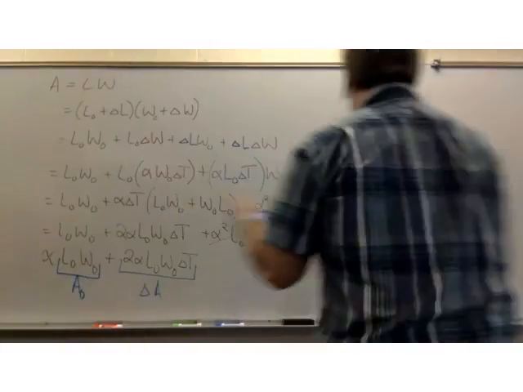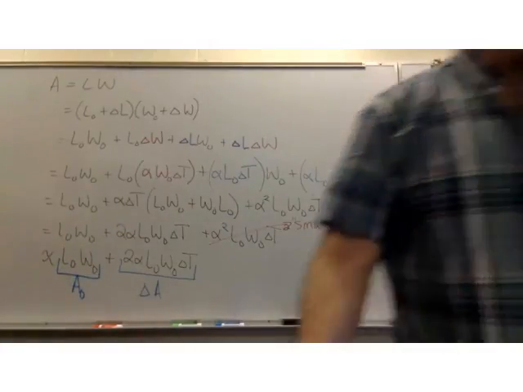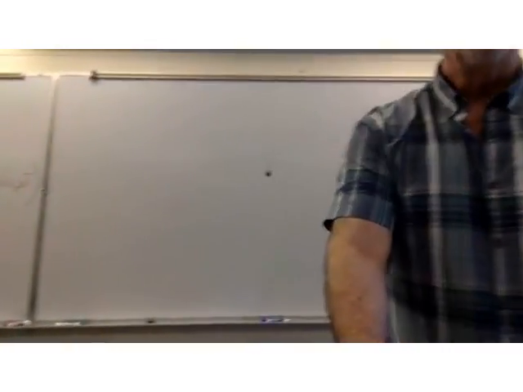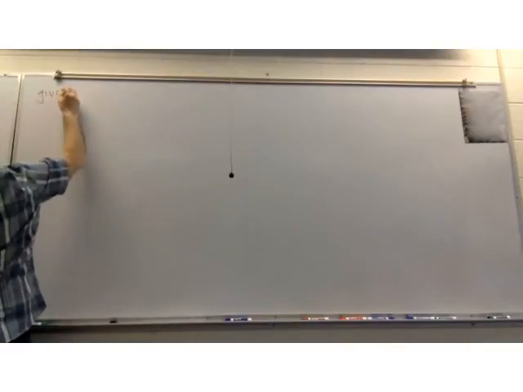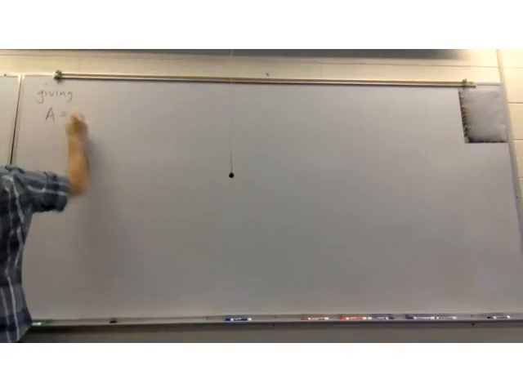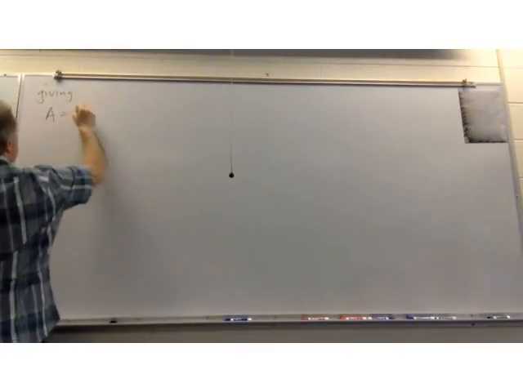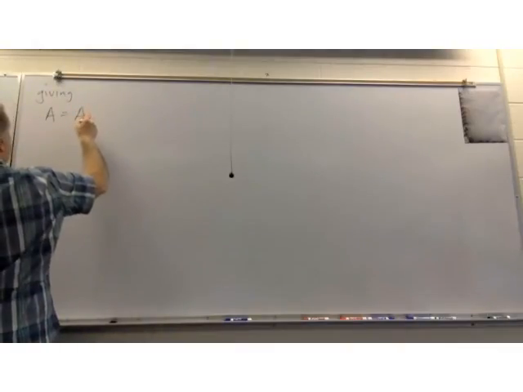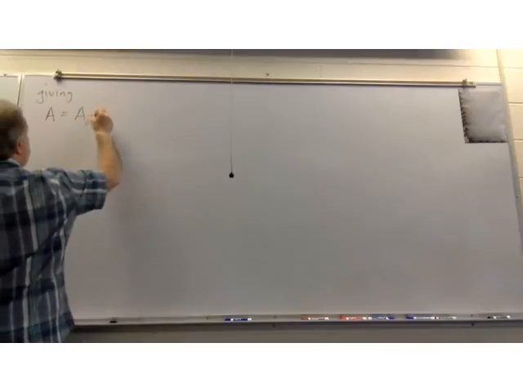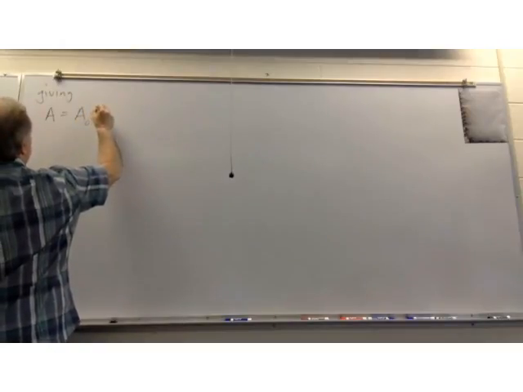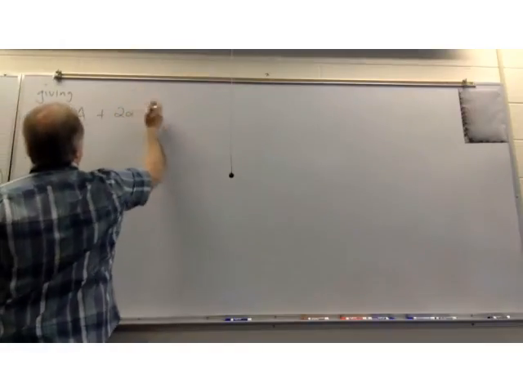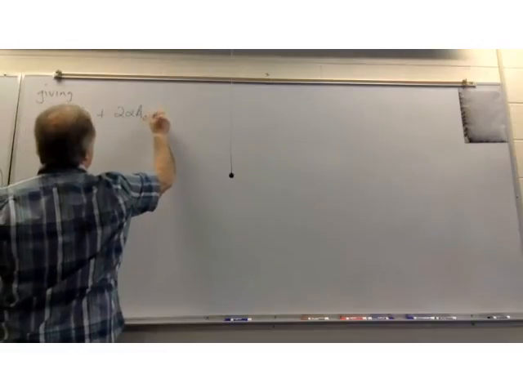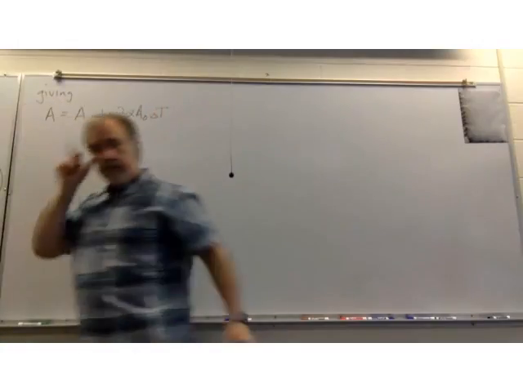So surprise, surprise, the new area is the old area plus how much the area changed as a consequence, and so we end up with, connecting the very beginning and the very end: the final area after the temperature change is the initial area plus 2 times alpha A naught delta T. Okay?